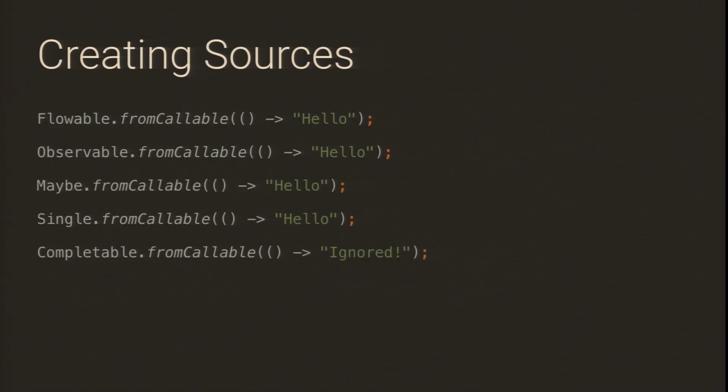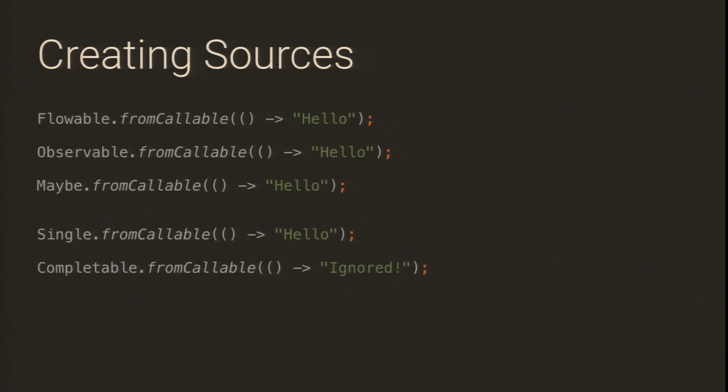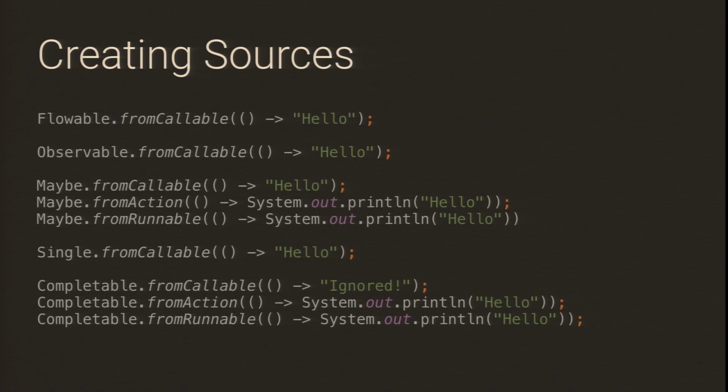From callable exists on all 5 types. Both maybe and completable, the 2 types which are allowed to complete without an item, have 2 additional ones called from action and from runnable. Again, like I said, the reactive version of these methods that don't return a value. And the reason that there's both of these is that runnable, unlike callable, doesn't let you throw exceptions, or checked exceptions, I should say.